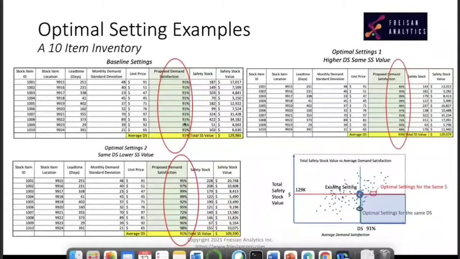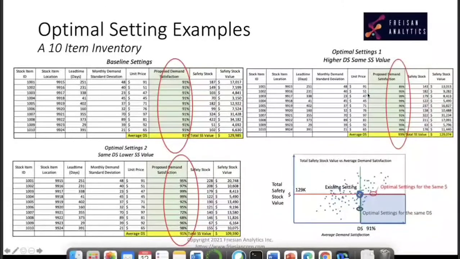Actually, we can plot this baseline setting in this chart at the lower right corner. It's represented by the blue circle at the cross of the blue, green and red lines. So that's the baseline, right? 91 DS and 129K money.